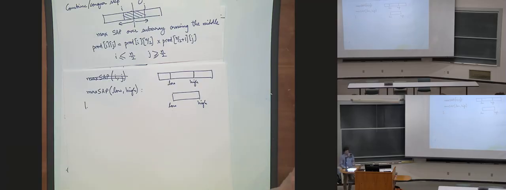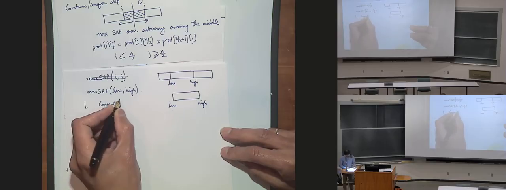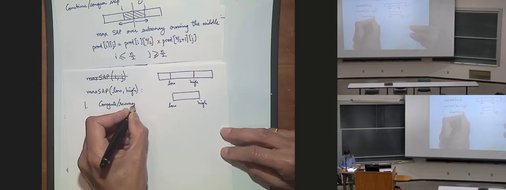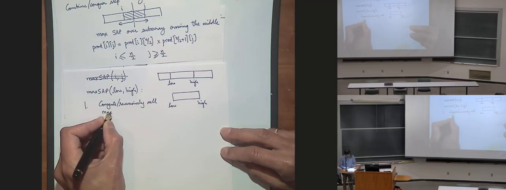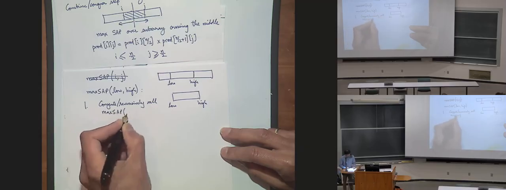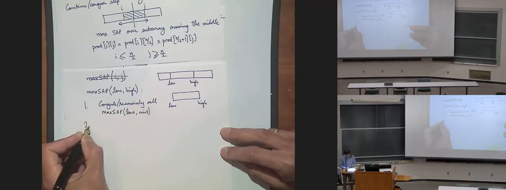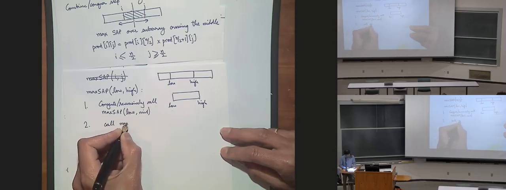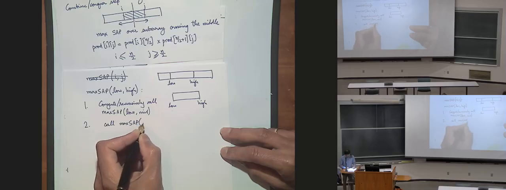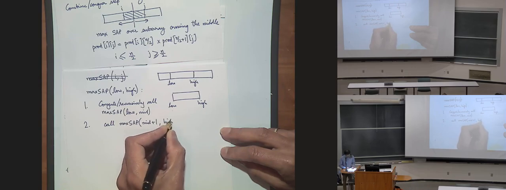So the first thing I do is I compute, or technically I should say recursively call, max sap low to mid, and I'll tell you what mid is in just a minute, and then call max sap mid plus 1 to high.